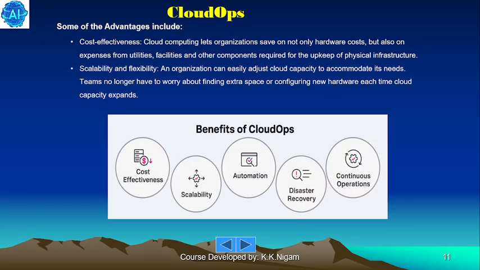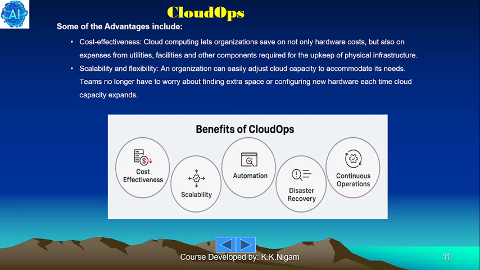Some of the advantages include cost effectiveness. Cloud computing lets organizations save on not only hardware cost but also on expenses from utilities, facilities, and other components required for the upkeep of physical infrastructure. Scalability and flexibility. An organization can easily adjust cloud capacity to accommodate its needs.